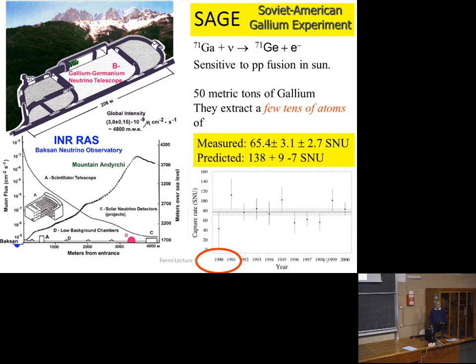and they measured a number which is in units that I won't define for you, but it's solar neutrino units. 65. They measured and saw a flux. You can see that it's always significant compared to 0. This is 0, and this is time. So, it's more or less consistent, and they measured it then to this accuracy. So they measure a flux. That flux came out 65.4 plus 3 plus 2.